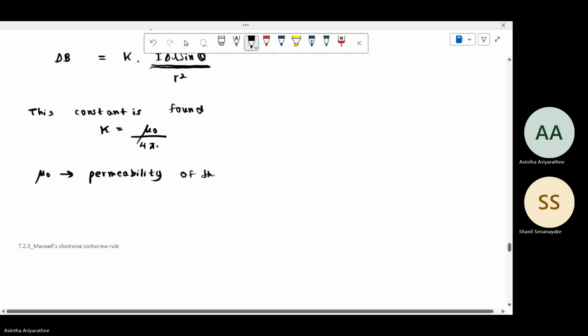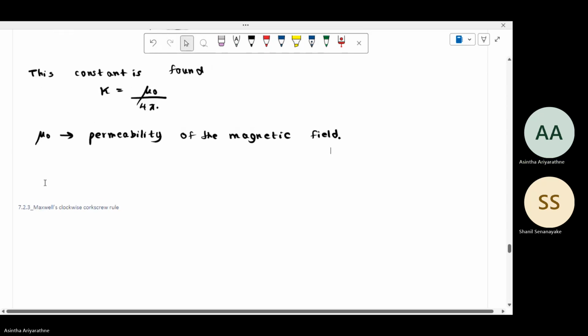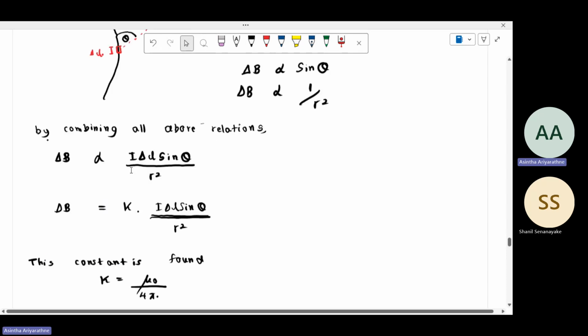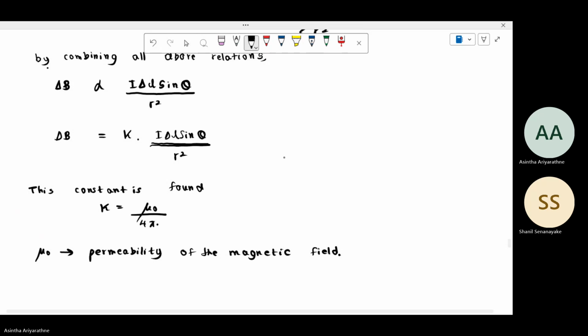Then by substituting into the above expression 1.